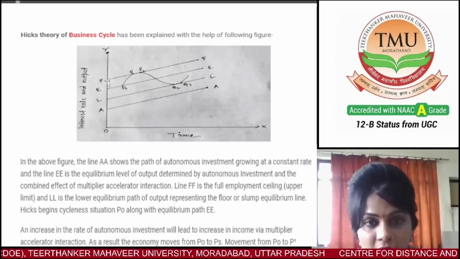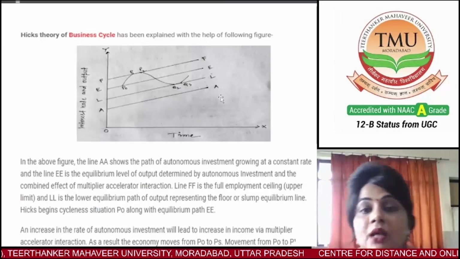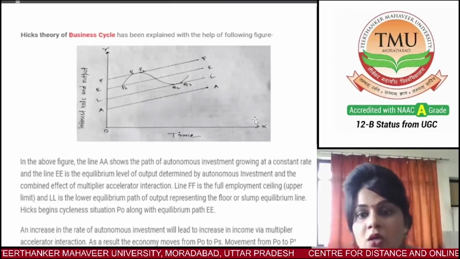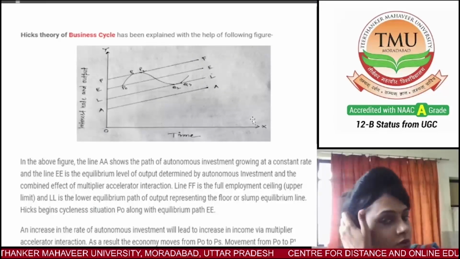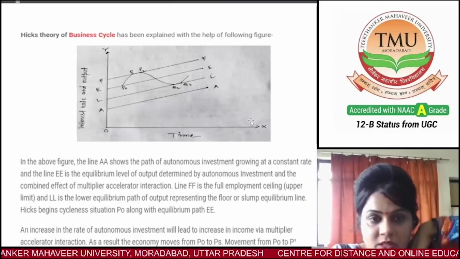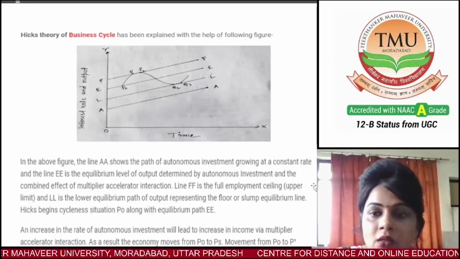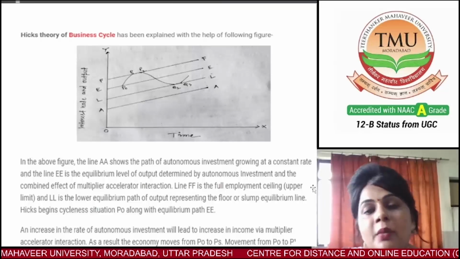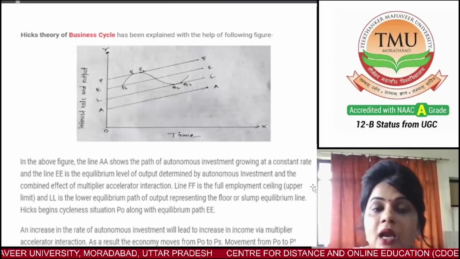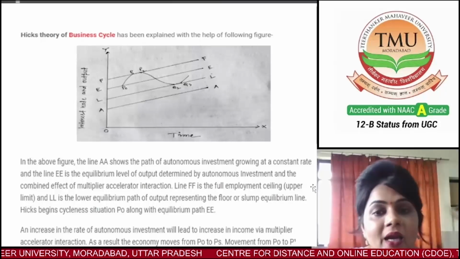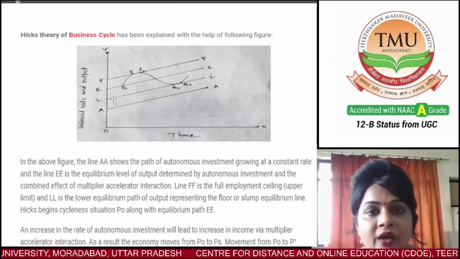The AA line shows the path of the autonomous investment growing at a constant rate, because Hicks also takes the concept of autonomous investment. The line EE is the equilibrium level of output determined by autonomous investment and the combined effect of multiplier and accelerator interaction.